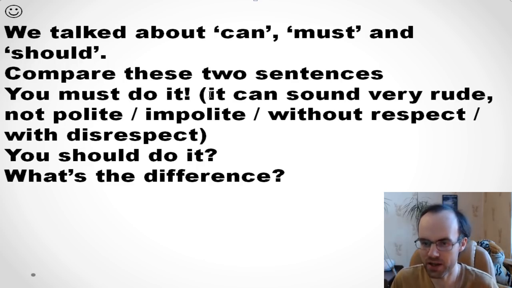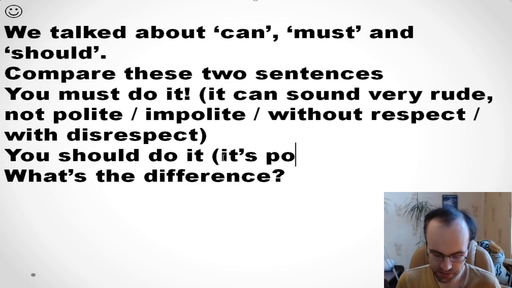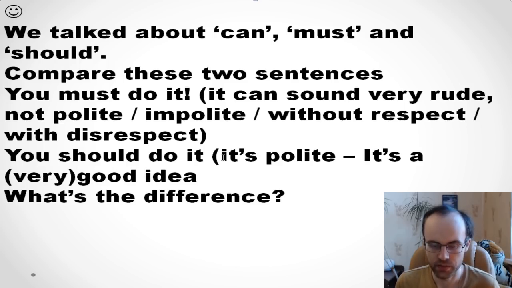So it's a little bit rude. You must do it. You should do it. If you say you should do it, it's polite. So it means it's a good idea, or a very good idea.